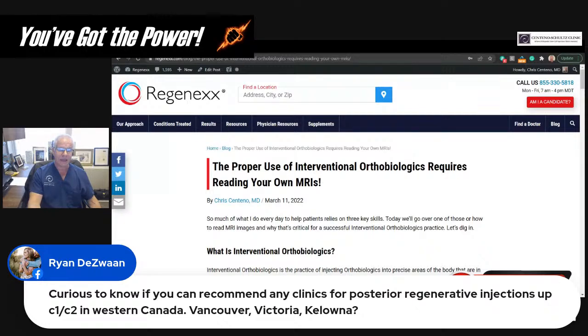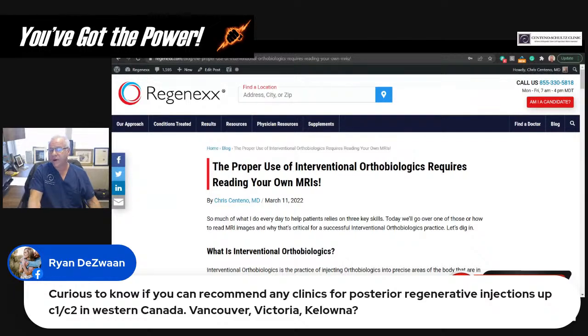So for instance, let's take a big metro area, let's say the LA metro area in the US, where we've probably got at least 100 or more different fellowship-trained interventional spine physicians.